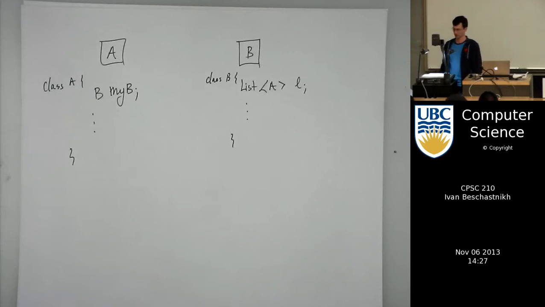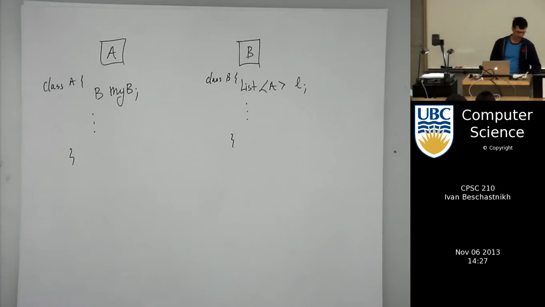It's a bidirectional relationship. They know about each other. You could have bidirectional aggregation. The part can know about the whole.